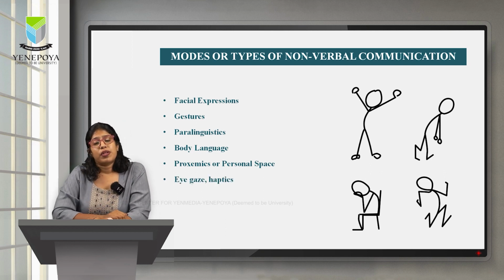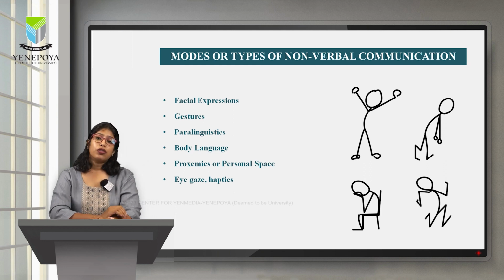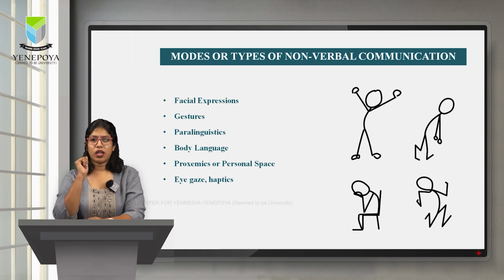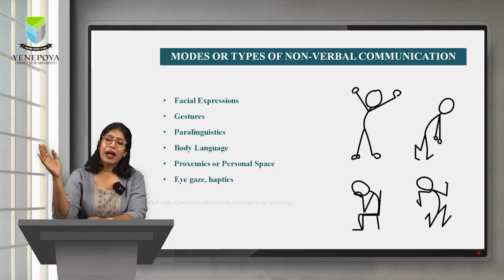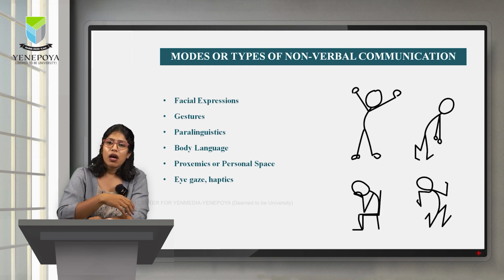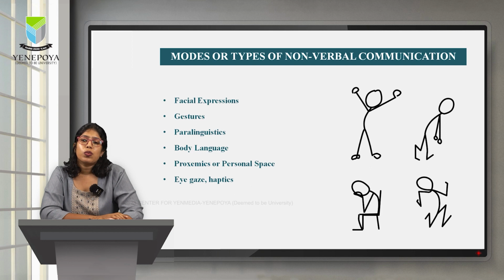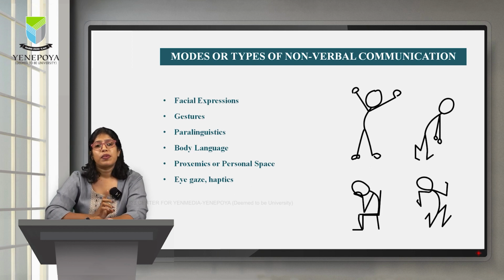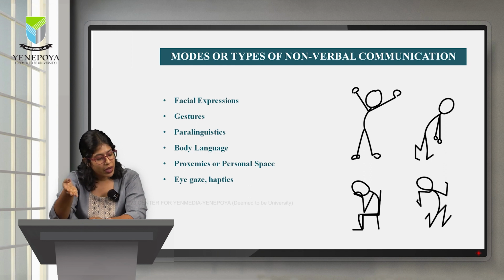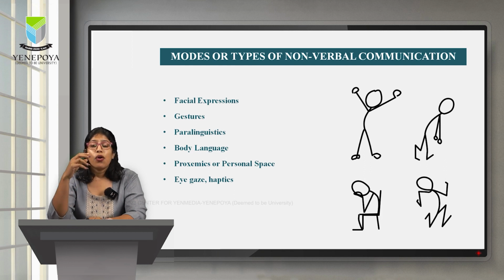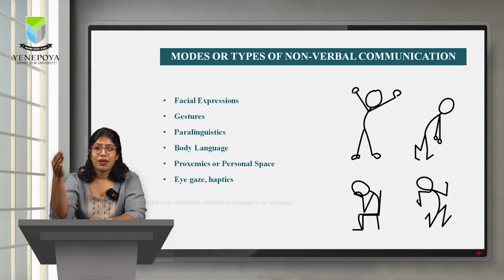Eye gaze or haptics. Now haptics are to do with touch in a communication. Shaking hands, patting on the back, giving them a hug. All of this comes with haptics, and along with haptics you have your eye gaze. Now you don't shake hands with someone by avoiding eye contact. You will be looking into their eyes and shaking hands. Or when you're patting someone on the back, you won't be looking somewhere else and patting, right?